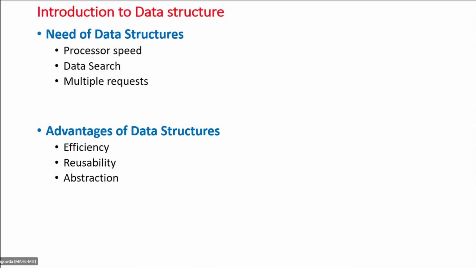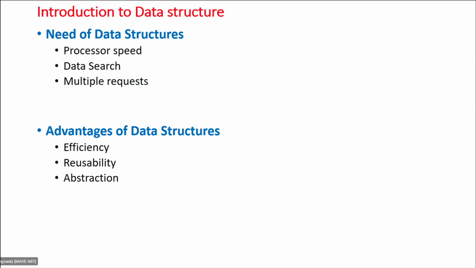The next one is abstraction. A data structure is specified by the ADT, which provides a level of abstraction. The client program uses the data structure through the interface only, without getting into the implementation details.